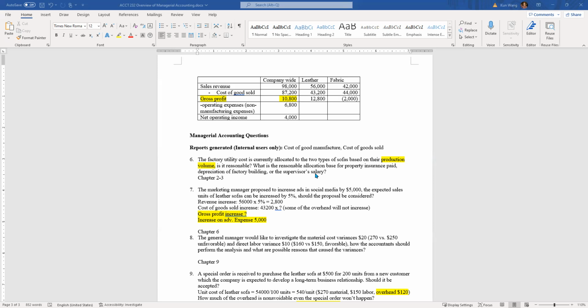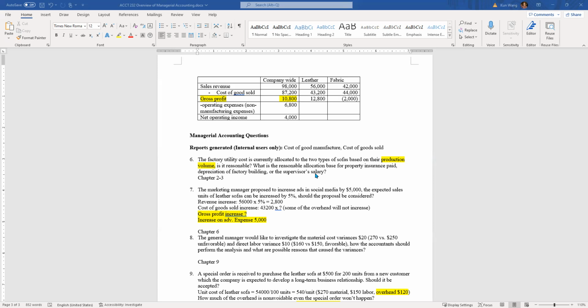But is this really reasonable? Because if you choose the production volume, I'm thinking the volume of the overhead is proportional to the units completed. So the more units you made, the more overhead is related and we allocate to them.